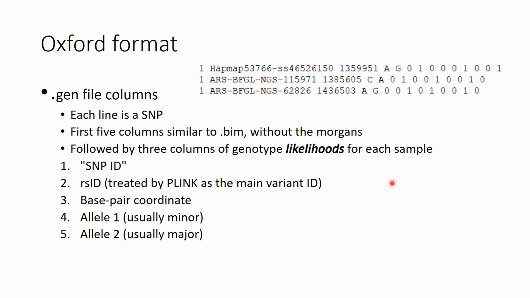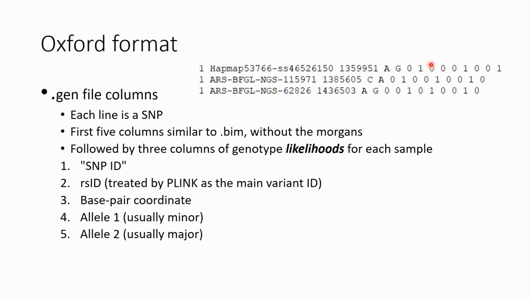So first, I show you what I mean. So this is then basically the bin file, or the first 5 columns: the chromosome, SNP name, position, allele 1, allele 2. And then these 3 columns are for individual 1, indicating homozygote, heterozygote, homozygote.